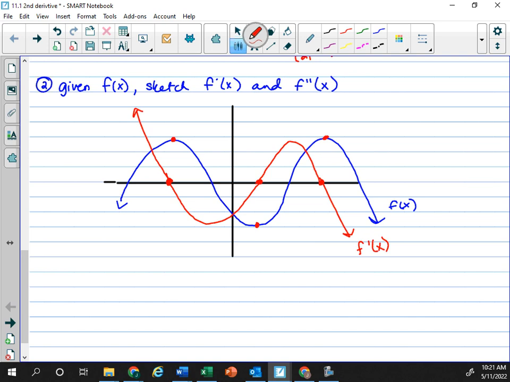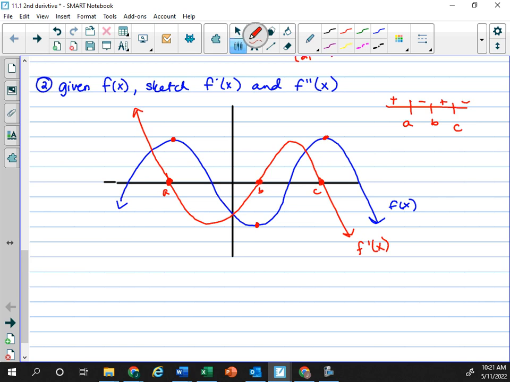Matthew? Wait, why is the left going down again? On the left side, why isn't it increasing? Why is it decreasing? So if you made a number line, we'll call this A, B, and C, okay? This is your first derivative number line. If that increases, we would have seen positive, negative, right?